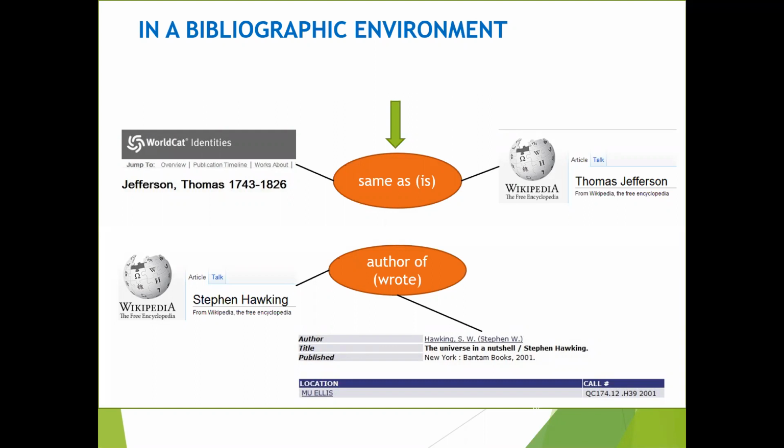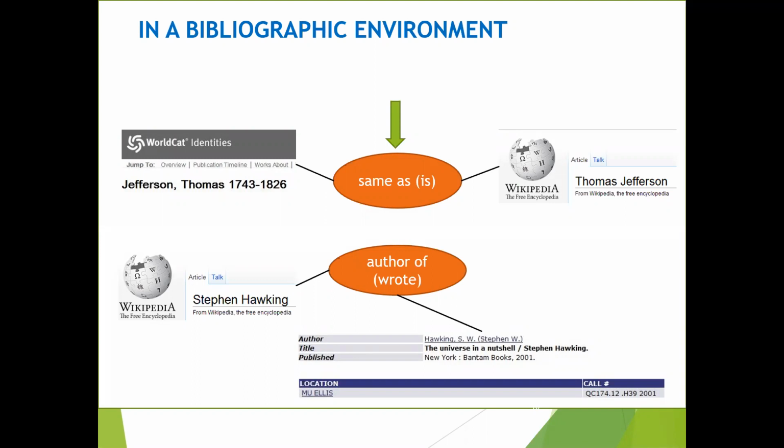So you can see where, if we were looking at something in our bibliographic data, we could possibly link to both of those, right? Because we have that notion that they are equal. Stephen Hawking, author of The Universe in a Nutshell. Again, we have that implied relationship. When we look at this, we see author and we know that to be the relationship, right?